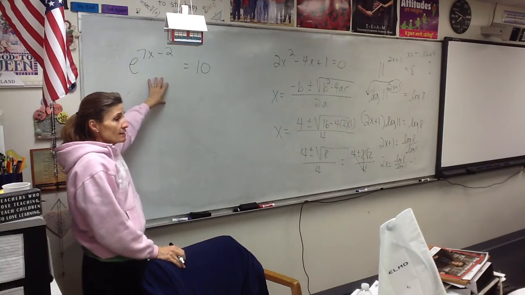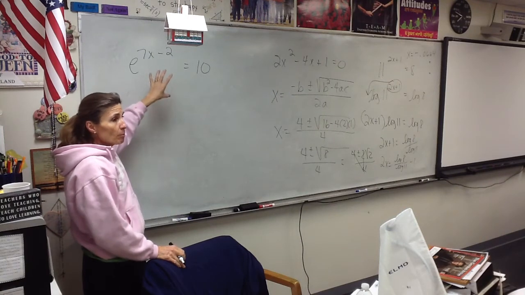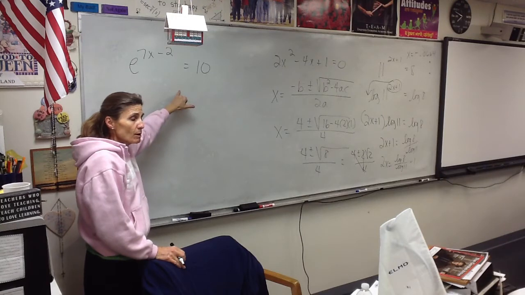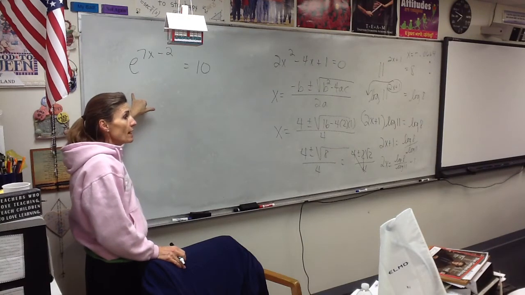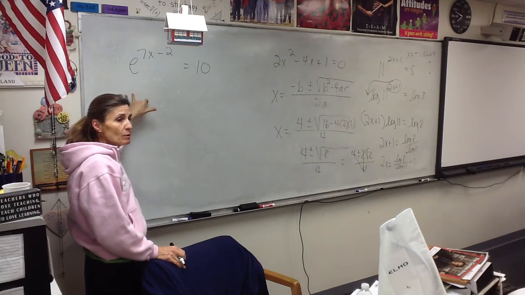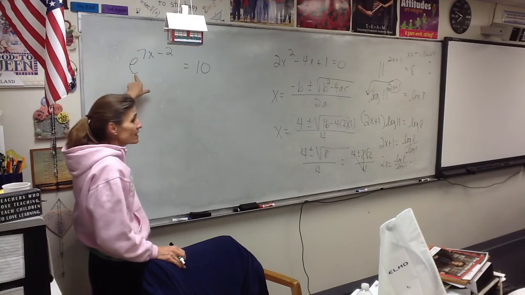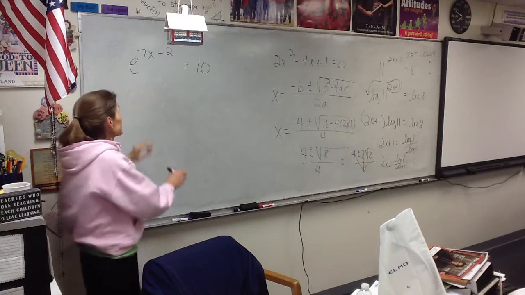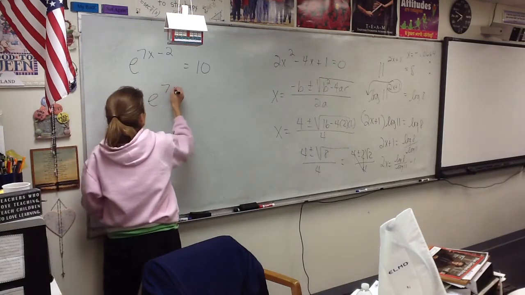Groupies, this is the same problem, except instead of LOGing both sides, I'm going to LN. The reason I'm going to natural log both sides is because there's an E, and it's going to be more convenient. So I will LN both sides.